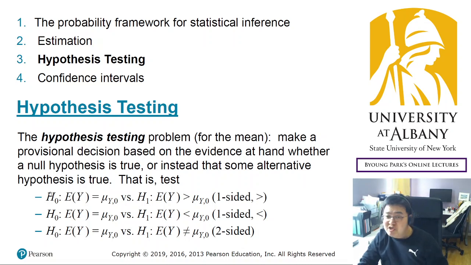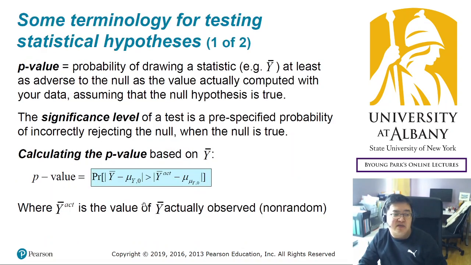And by the way, H0 is called the null hypothesis because H0 is believed throughout the process, throughout the inference procedure, unless it is rejected. And H1 is the alternative hypothesis, which will be true if your H0, your null hypothesis, is wrong. So those are the names. And the most difficult, the most confusing term in statistics: p-value.